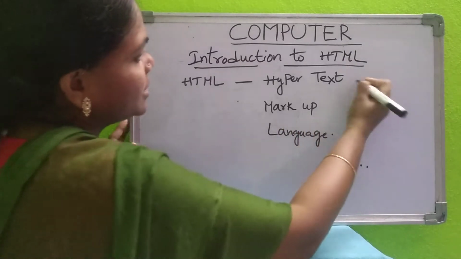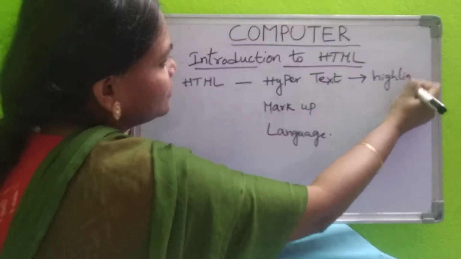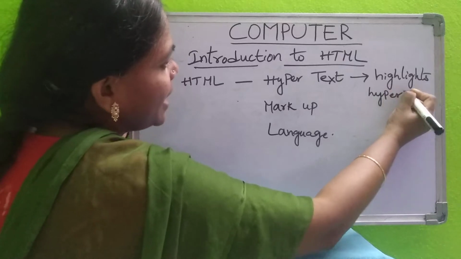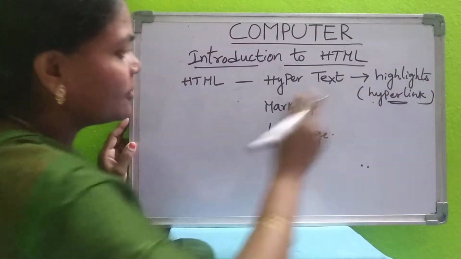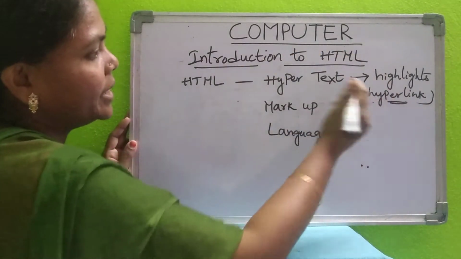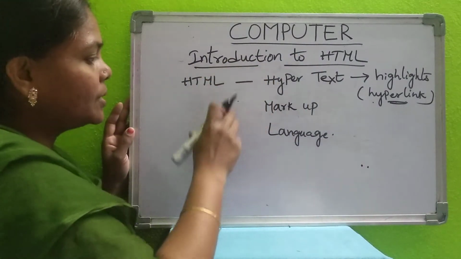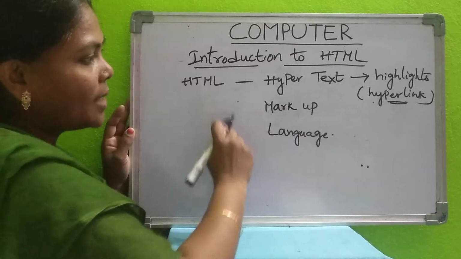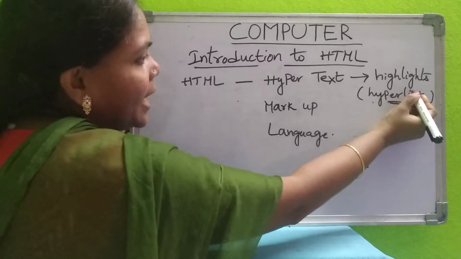Hypertext means it highlights your information through hyperlinks. It gives you the hyperlink, and using this hyperlink, one web page is directed to another web page. Before, I gave one example of the computer keyboard page. Using this keyboard hyperlink, it goes to that keyboard page. That is one example of a hyperlink.